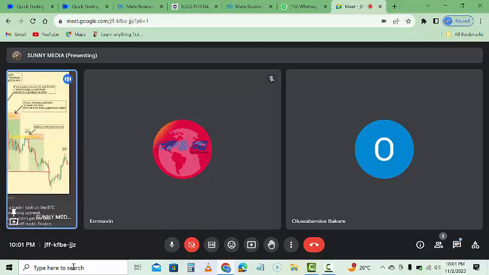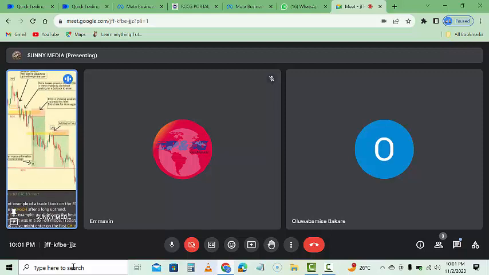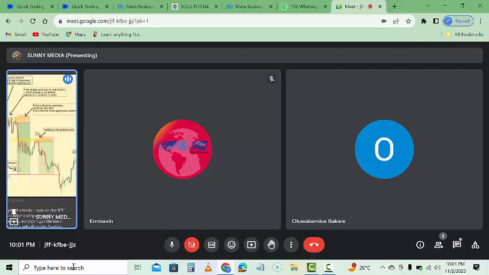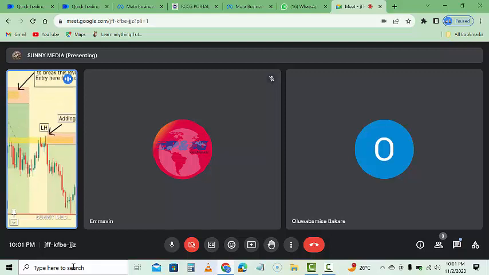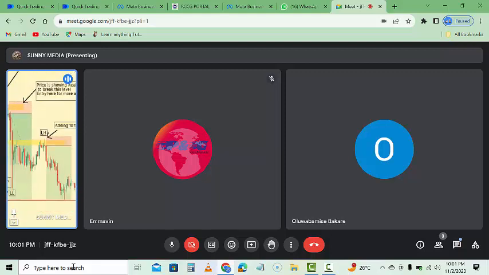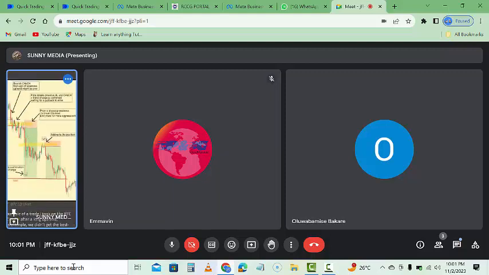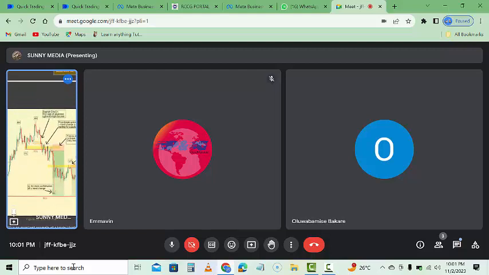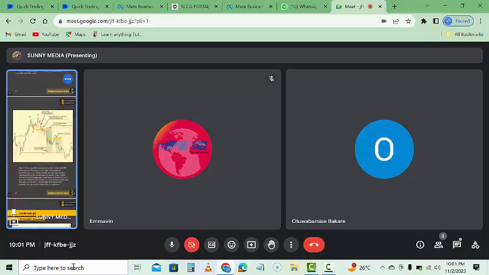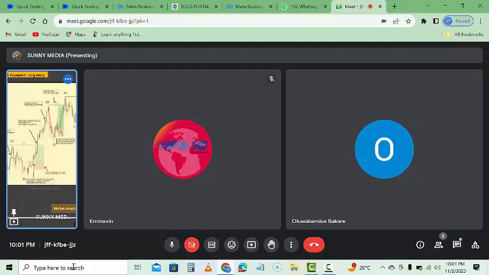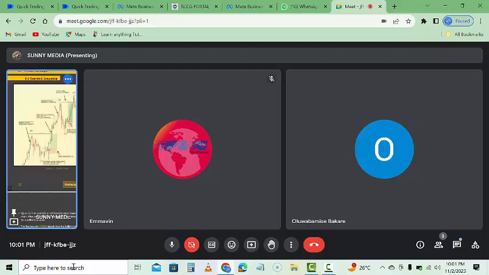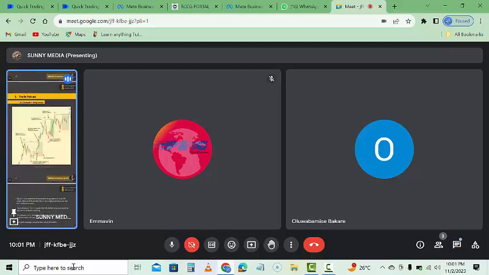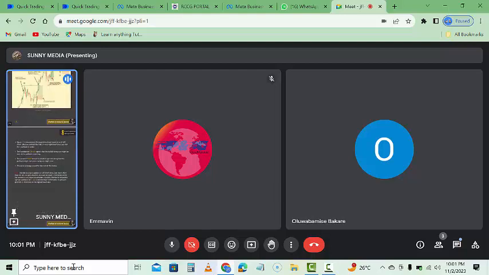Then you add to the position size, adding on the pullback, and you can also see a pin bar forming after it respects the place where the BOS came from. Okay, I think that's all for now. So I've recapped on the market structure.